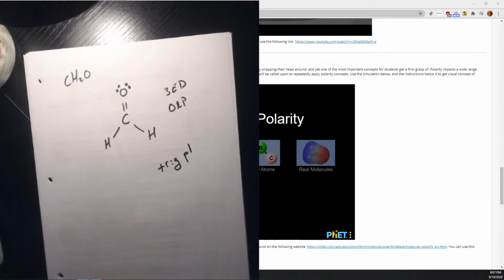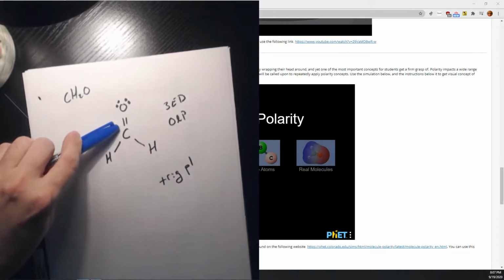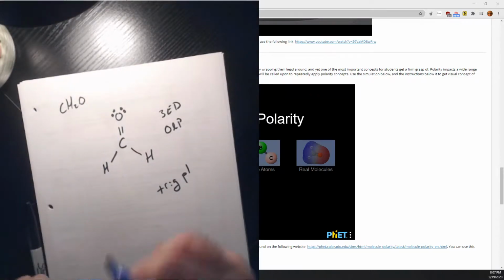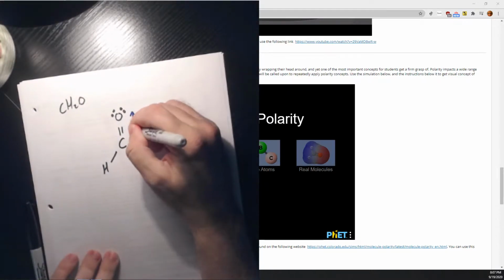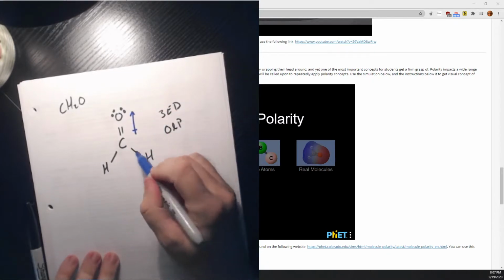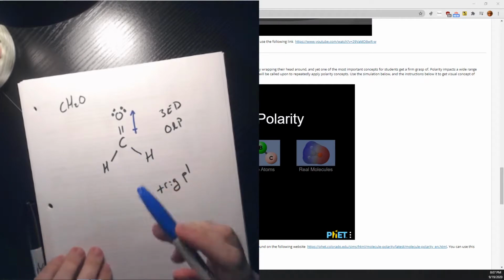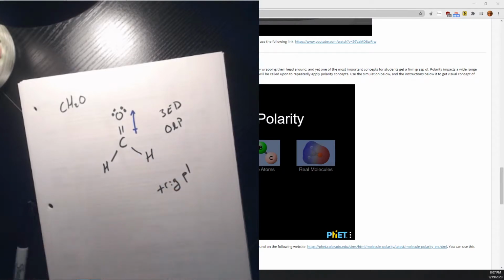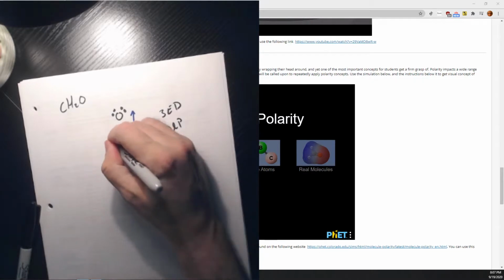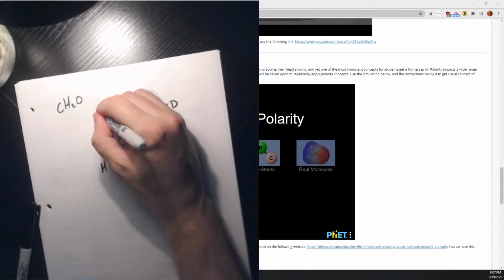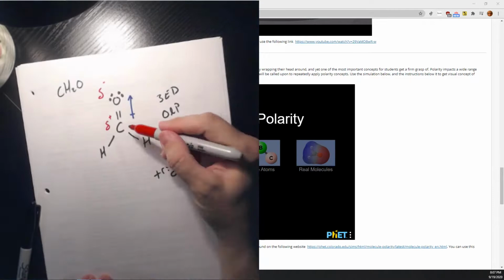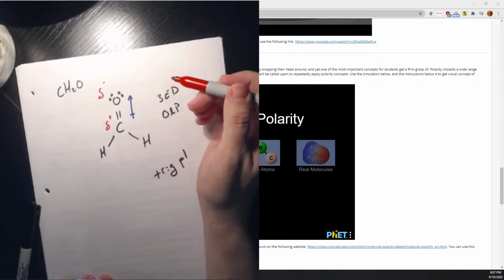But that does not mean that it's nonpolar, because this bond right here is very strongly polar, pulling up toward oxygen. These two bonds down here are nonpolar, because carbon is bound to hydrogen, and they have very close electronegativities. So another way to say it: delta plus, delta minus, partial positive charge on carbon, partial negative charge on oxygen.